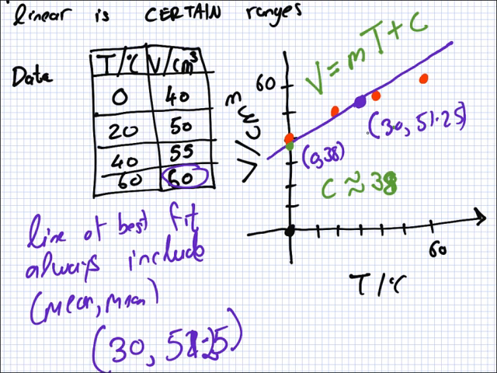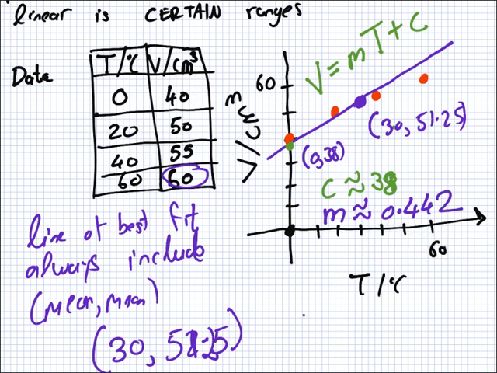Yeah? So, now that I have 2 points, I can calculate the m. You know how to calculate the m from week 1. It'll be 51.25 minus 38 over 30 minus 0. So what do you get for the m here? 0.442. Yeah.